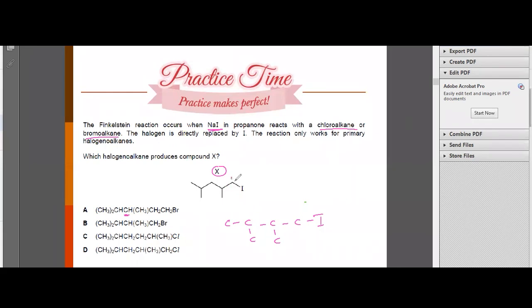How do I know? Let's count. 1, 2, 3, 4, 5. Well, we just have 4 here. So different, right? So B is not the answer.